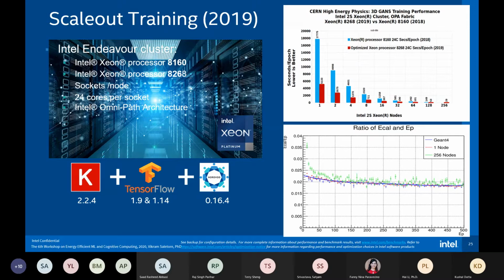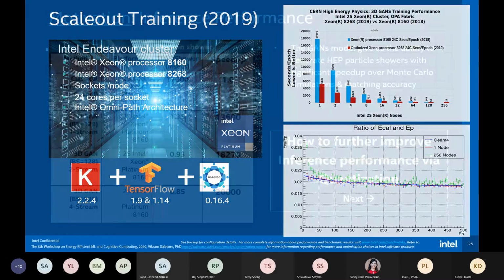For CERN, post-processing of that accuracy is important, and that is the graph on the bottom right, a ratio of ECAL over EP, over electron volts of energy, and how close it is. In the middle is what they are interested in, and this kind of accuracy seemed quite acceptable to them. Even at one node, which as you can see is much better, while 256 nodes differs, it was acceptable too. So the question of accuracy is how willing they are to tolerate it.